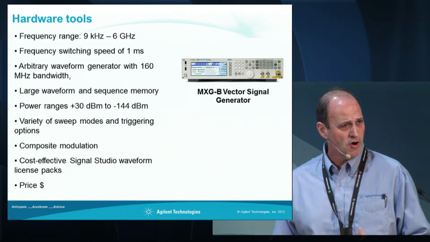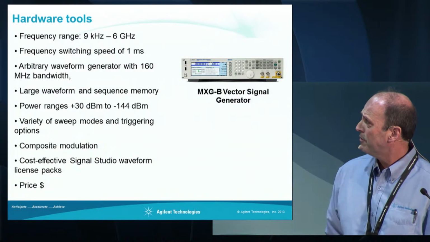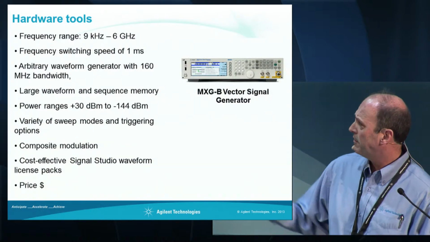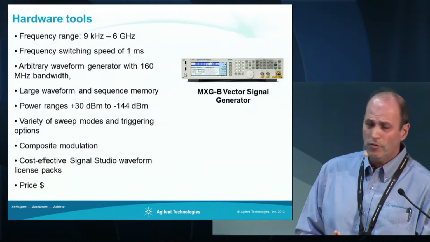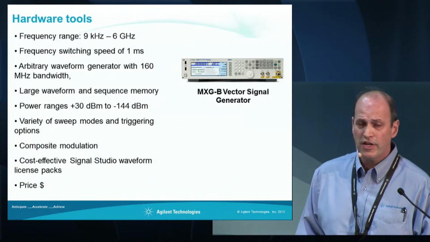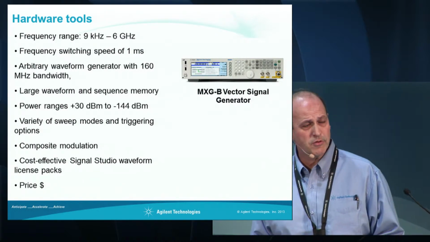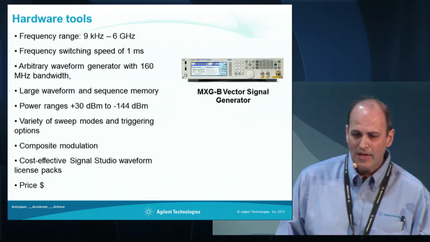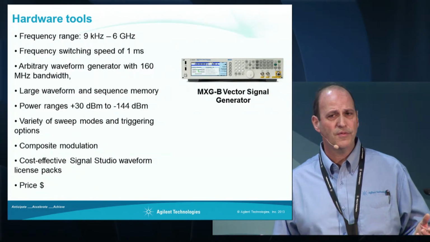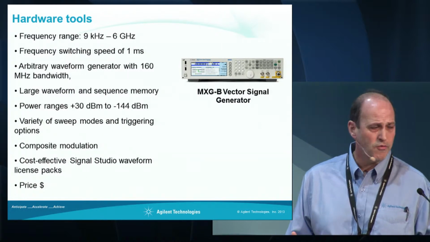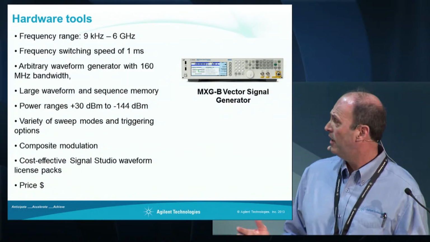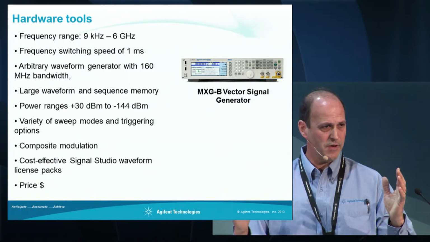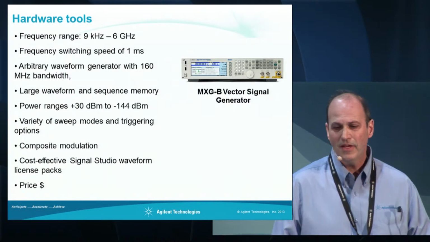All right, so on the hardware side, a typical signal generator might be something like this MXG, which covers the 6 gigahertz range. It has fairly fast frequency switching, so it can go from one frequency to another in a millisecond. It has wide arbitrary waveform generator bandwidth, so you can simulate 160 megahertz of bandwidth at the same time.